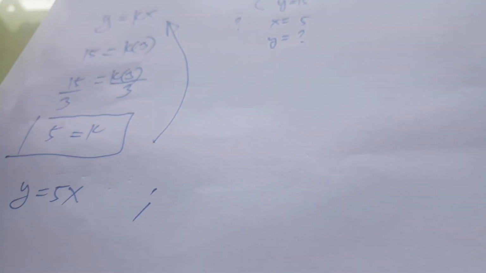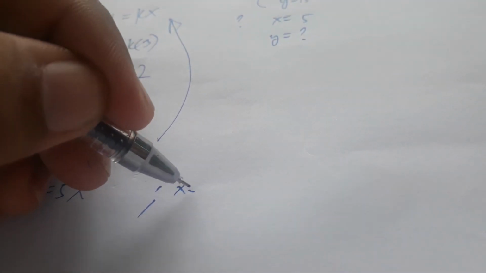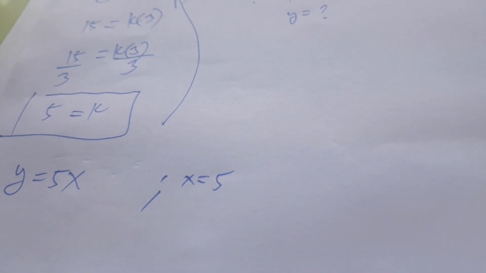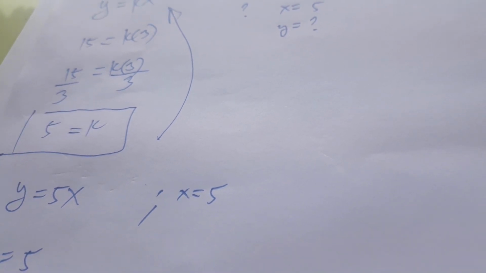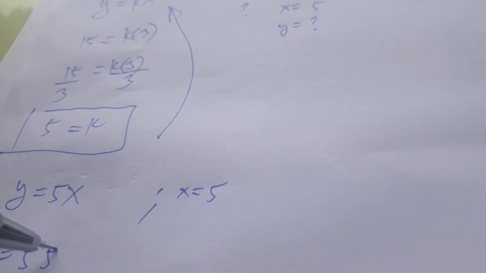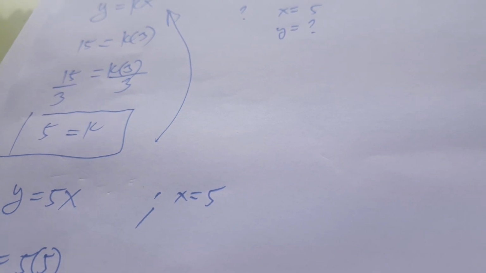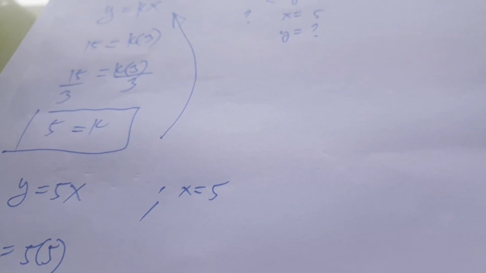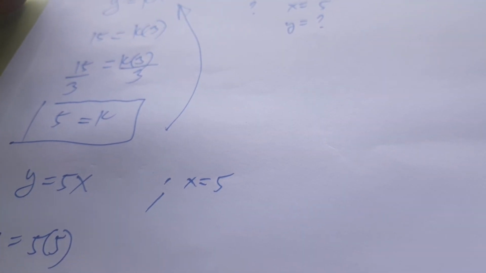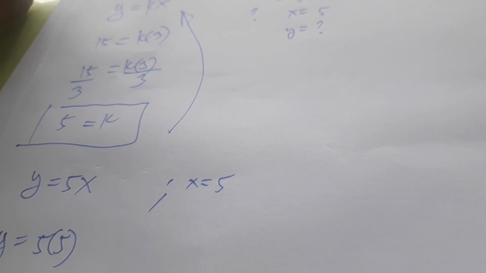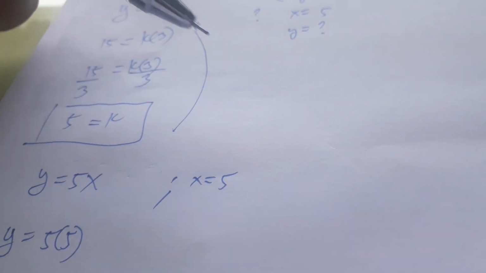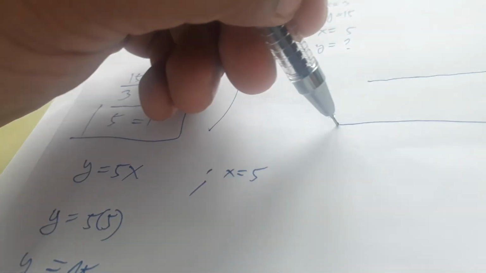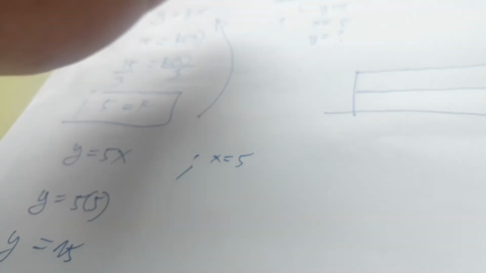So y equals 5 times 5, which is 25. So as you can see, x is 5, then y equals 25. If you make a table like this, you can detect that we have a direct variation.